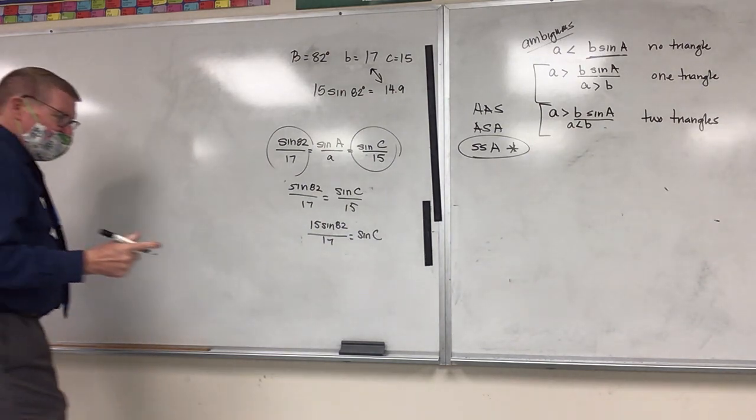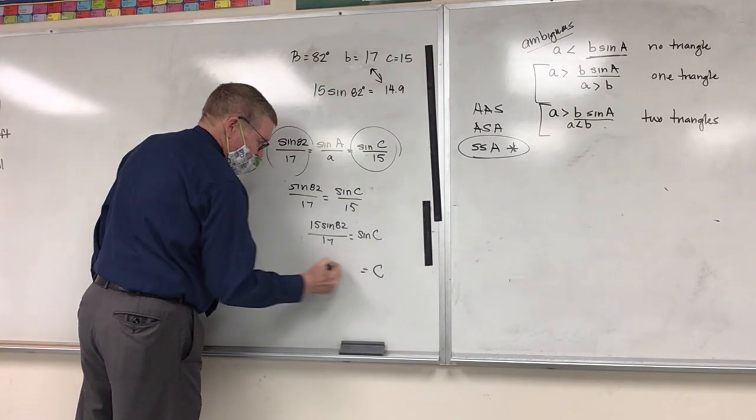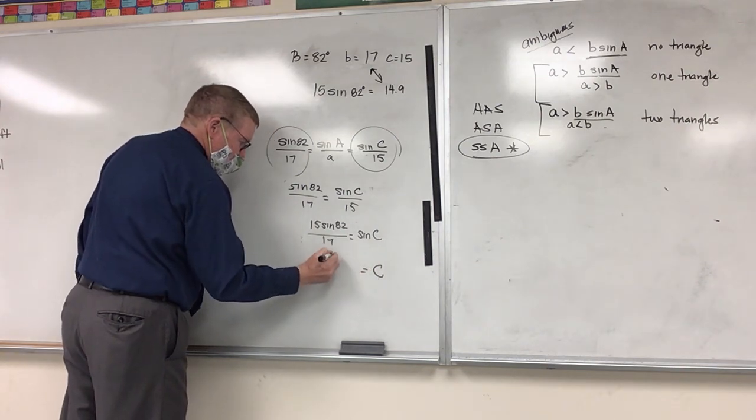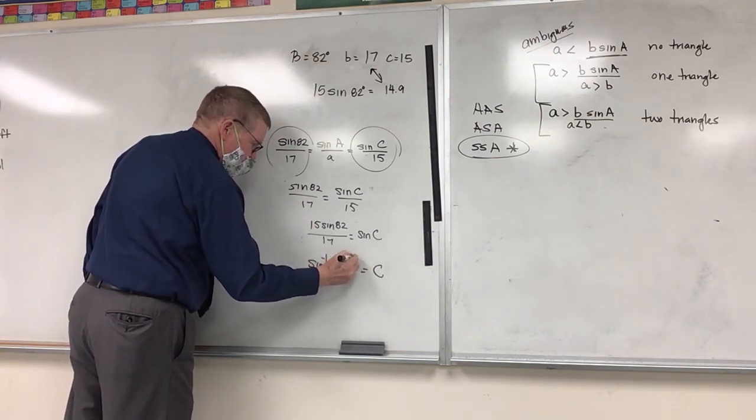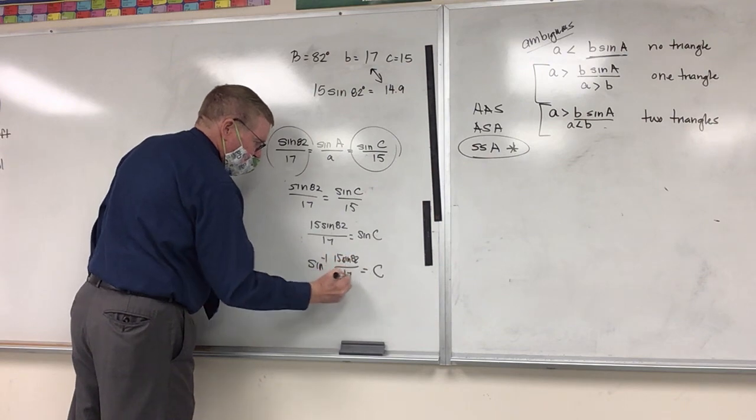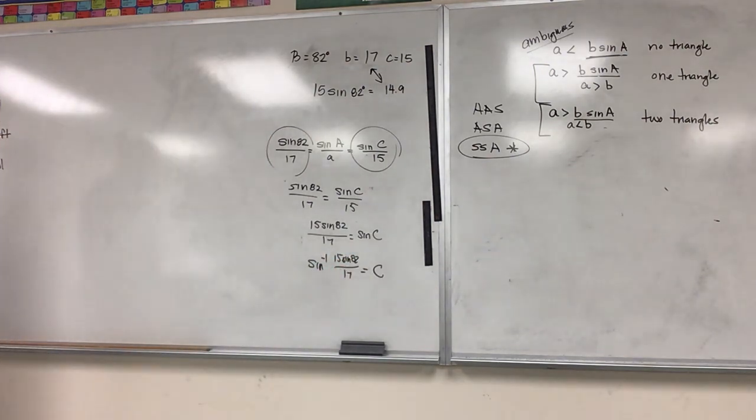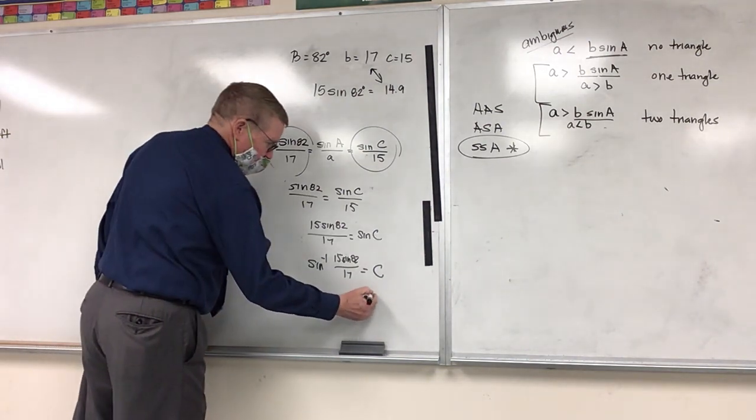Arcsine. You had the arc part right. So we're going to take the arcsine of 15 sine of 82 divided by 17 to give me an angle.